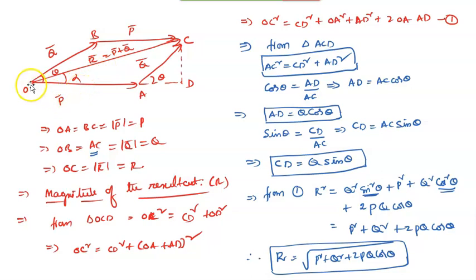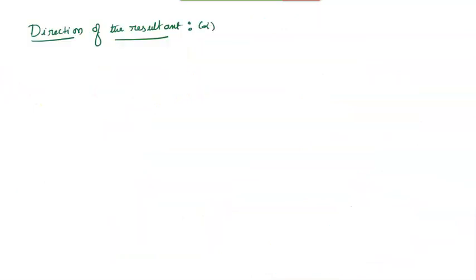From the triangle OCD, tan alpha is equal to the opposite side CD by the adjacent side OD.